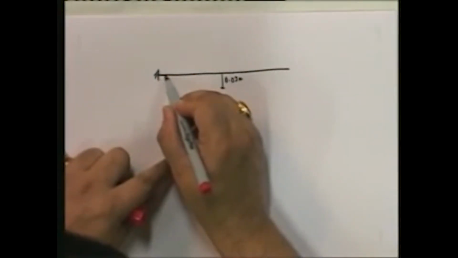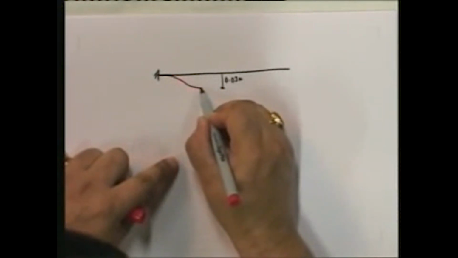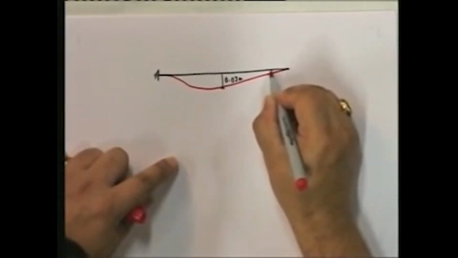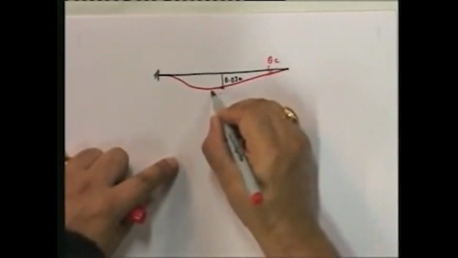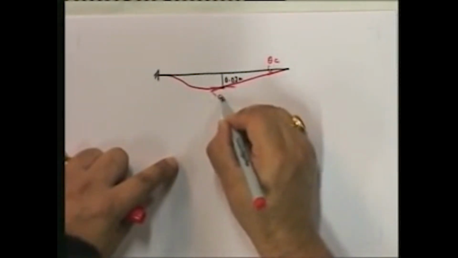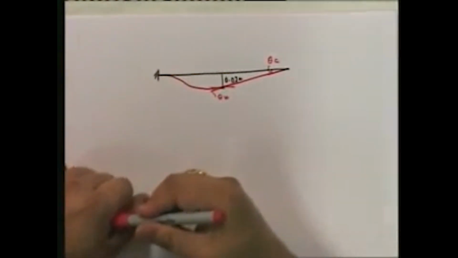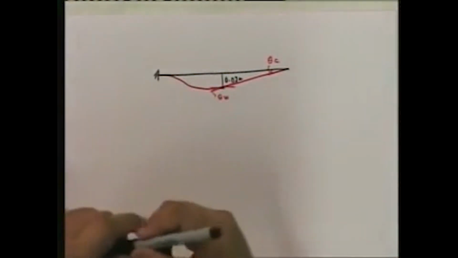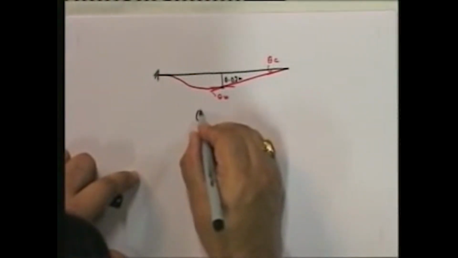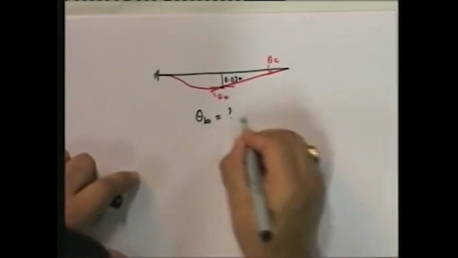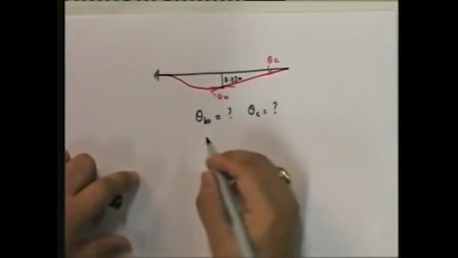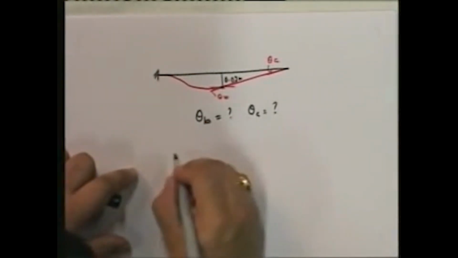If you look at it, this is theta C and this is theta B, the two unknown rotations, the 2 degrees of freedom, the displacements corresponding to the degrees of freedom. So theta B unknown, theta C unknown.